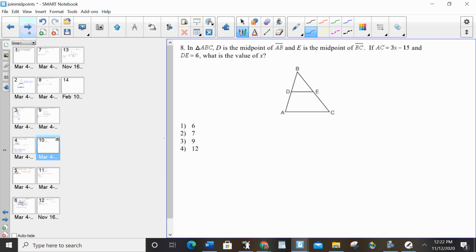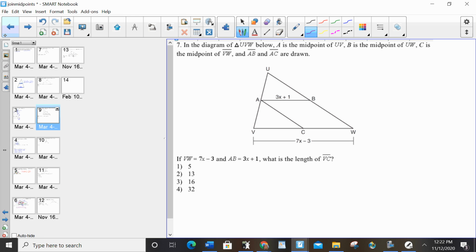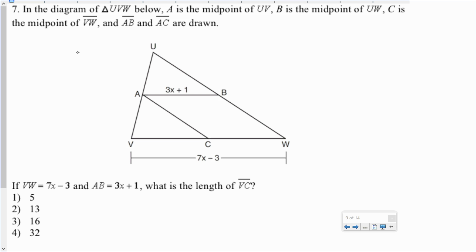Something like this one, where it's all algebra. It's telling me that A is the midpoint of UV. It's telling me that B is the midpoint. It's telling me that C is the midpoint. So I know that 2 times the midsegment is equal to the opposite side.